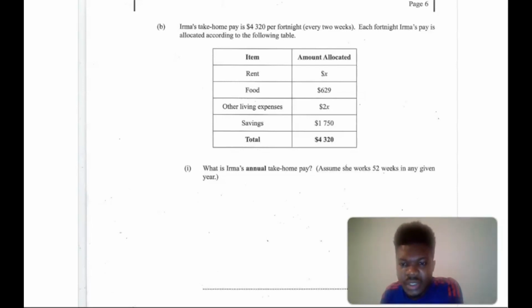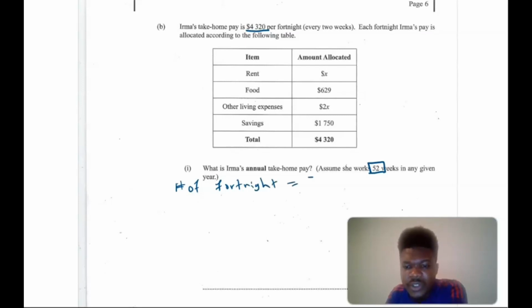Well, it says total allocated, and this is fortnightly. She gets $4,320 every 2 weeks, and for the year we have 52 weeks. If it's every 2 weeks, the number of fortnights in a year would be 52 divided by 2, which is 26.